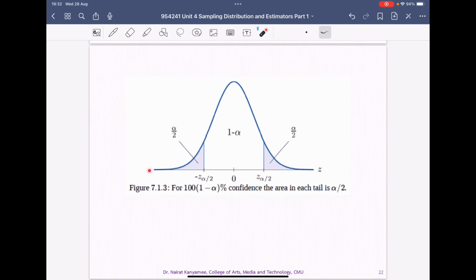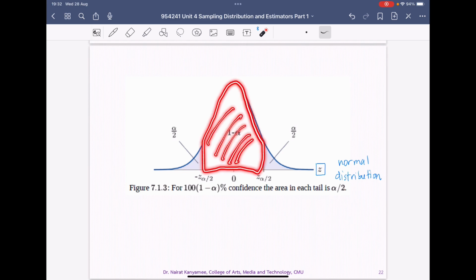For example, like this. You should be familiar with this by now. This is an example of a normal distribution, and the value on the x-axis is the z value. When we talk about a confidence level of 1 minus alpha, it means that the area in the middle is 1 minus alpha.